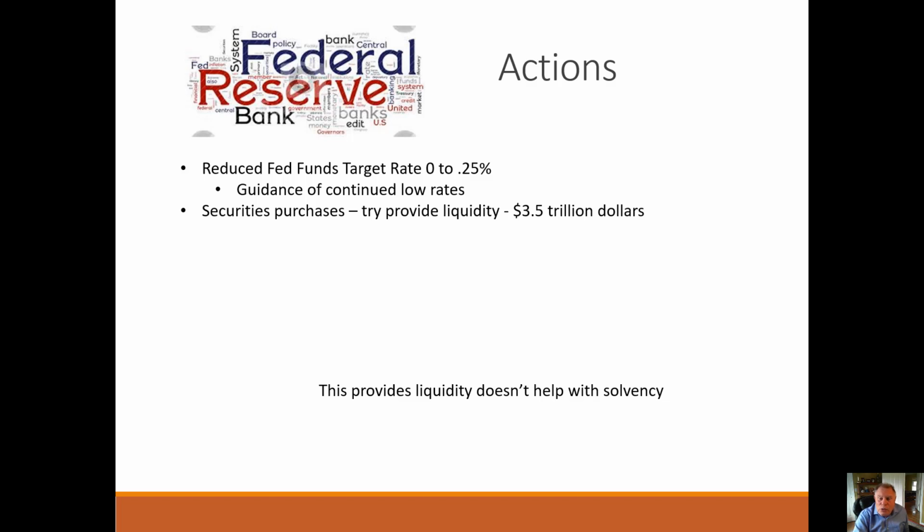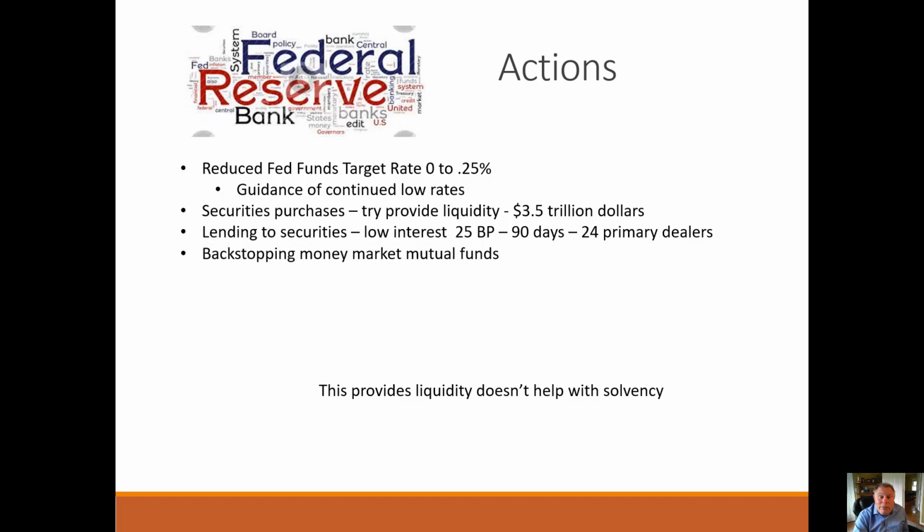This is to provide liquidity into the system. They're lending to securities dealers, very low 90-day loans to the primary dealers. Primary dealers are those that sell the securities of the United States. The Treasury does not, for the most part, sell them directly. Most of them are bought and sold through primary dealers. They're backstopping money market mutual funds to keep them at $1.